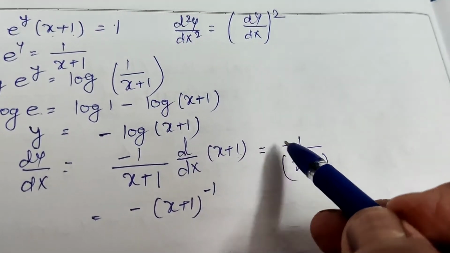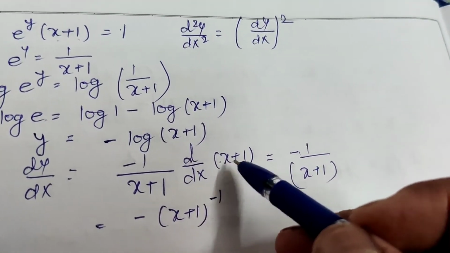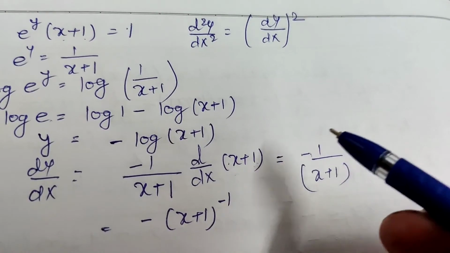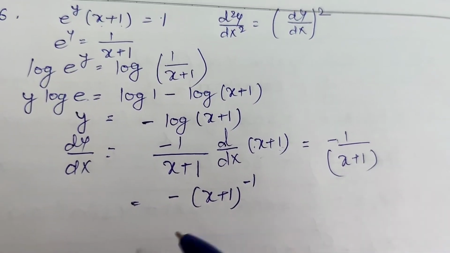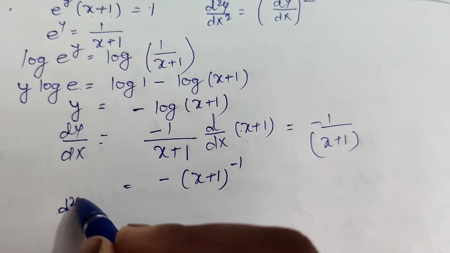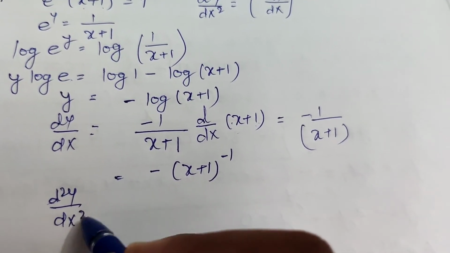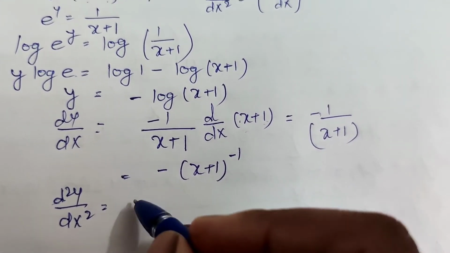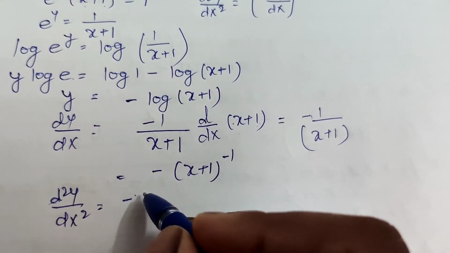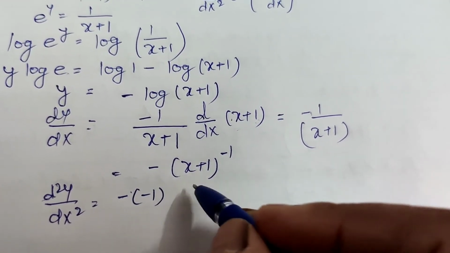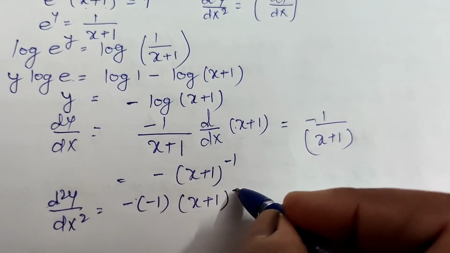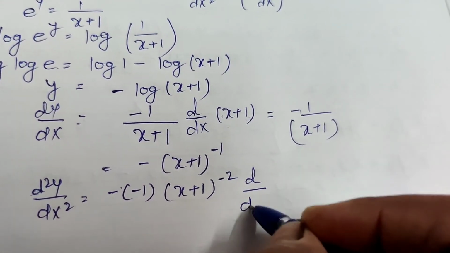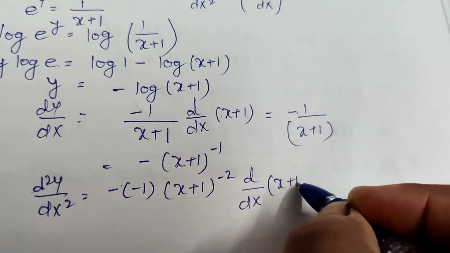Differentiating again, d2y over dx square equal to d over dx: the minus and minus, 1 and x plus 1 raised to power minus 2, and d over dx of x plus 1.